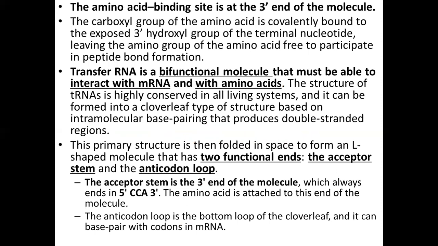What happens is that the carboxyl group of the amino acid will be covalently bonded to the exposed 3' hydroxyl group of the terminal nucleotide, which will leave the amino group of the amino acid free to participate in peptide bond formation.